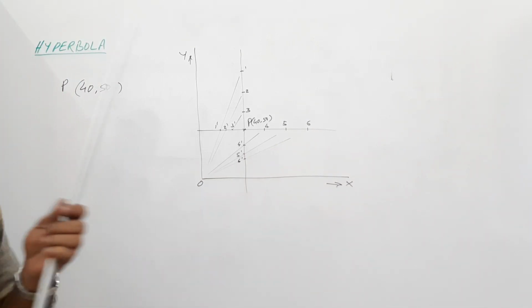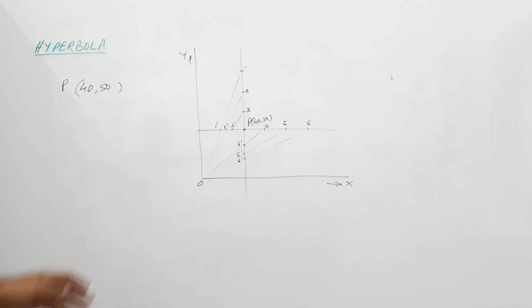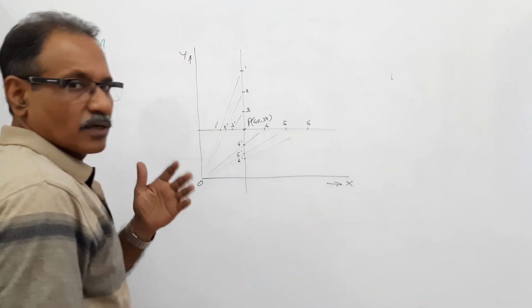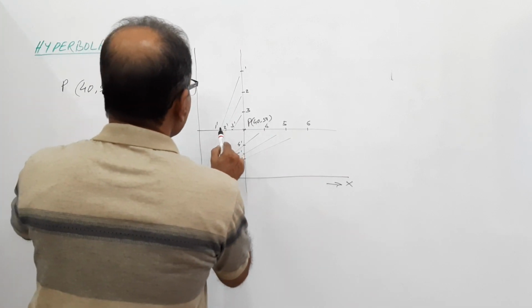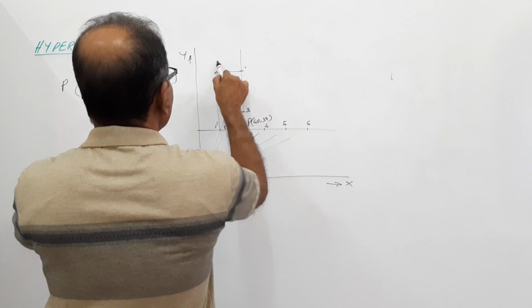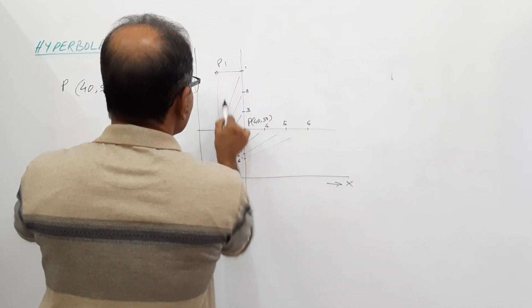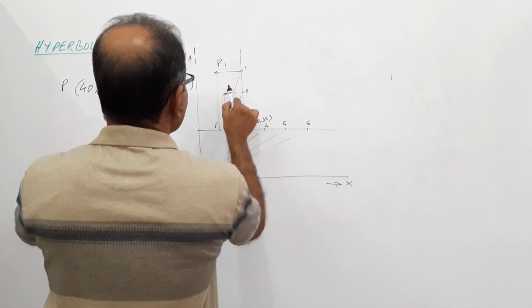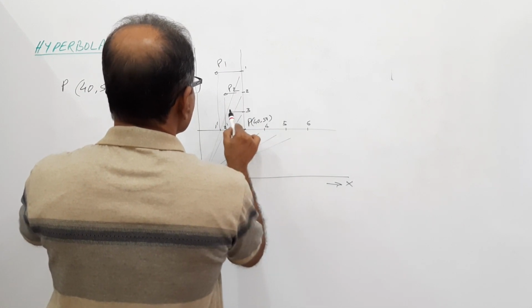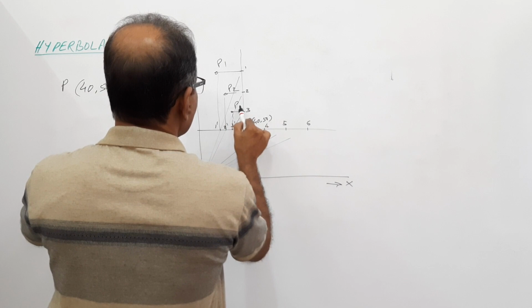Agreed? You can take more points if you want. Four points in that direction, four points in this direction will give you more points on the curve. Draw a vertical line through 1 dash and a horizontal line through 1. They meet at P1. Draw a vertical line through 2 dash and a horizontal line through 2, you get P2. Draw a vertical line through 3 dash and a horizontal line through 3, you get P3.